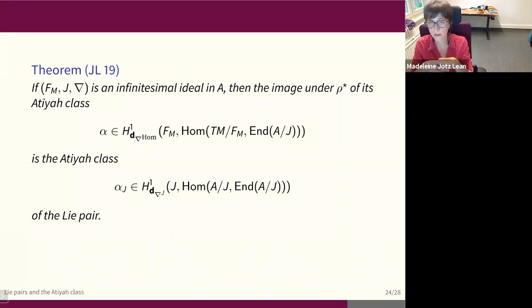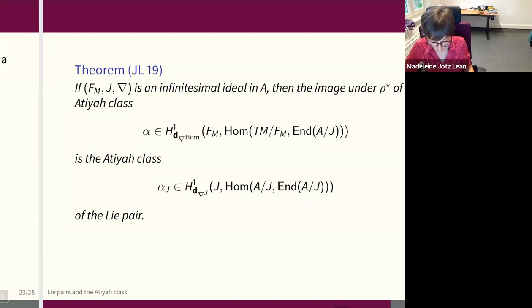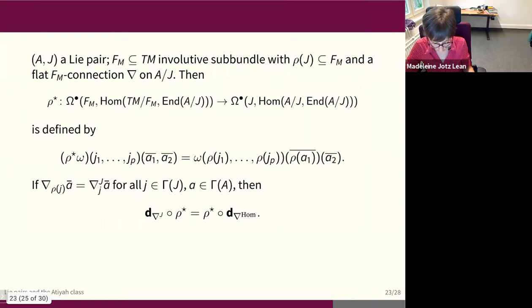So you extend it to a TM connection on A, and then you realize that the pullback under the anchor is an extension of the Bott connection, and then it's just writing it down.